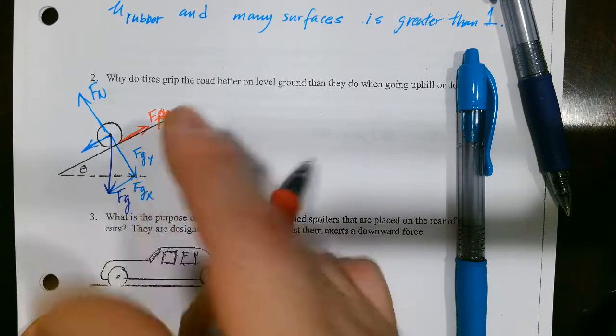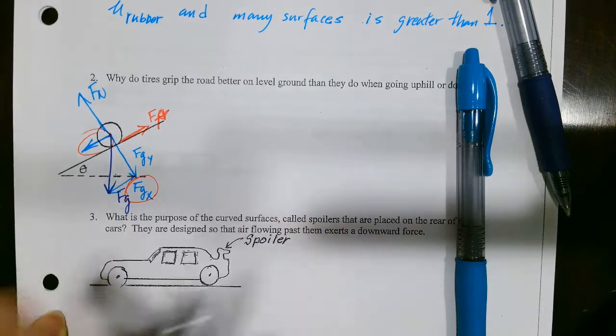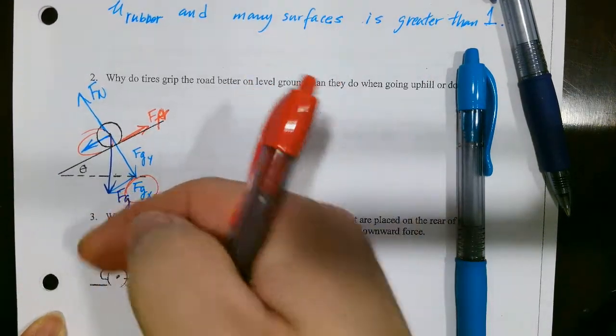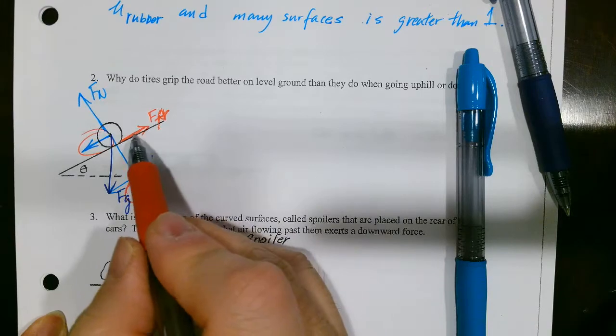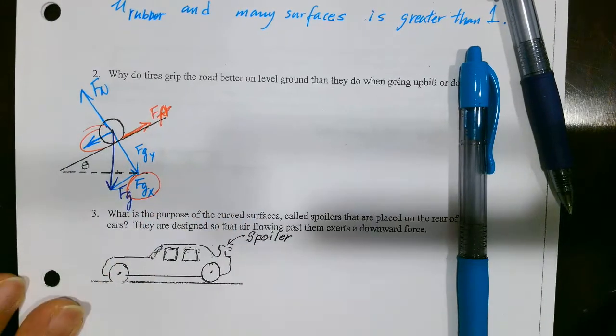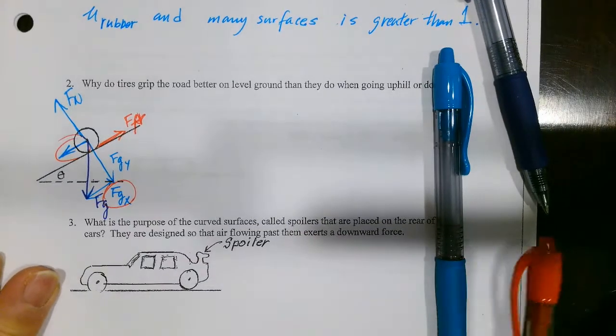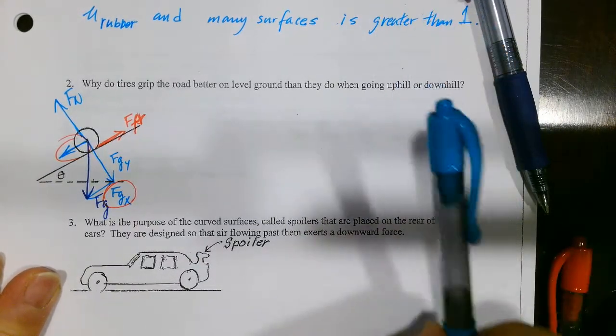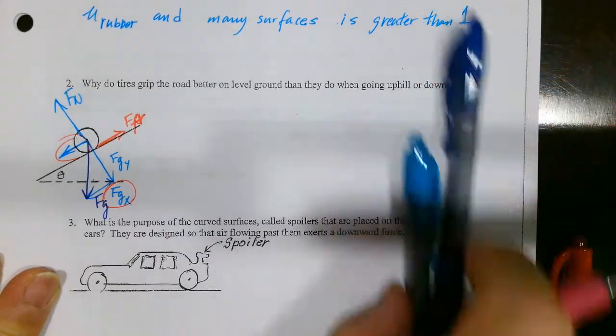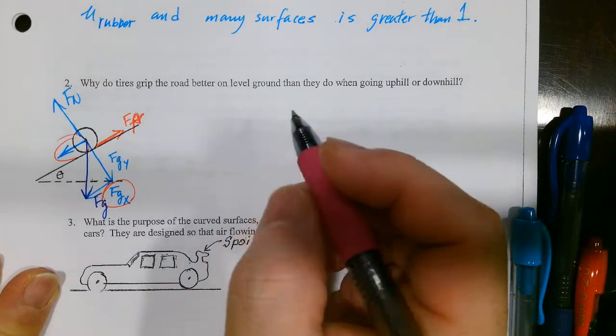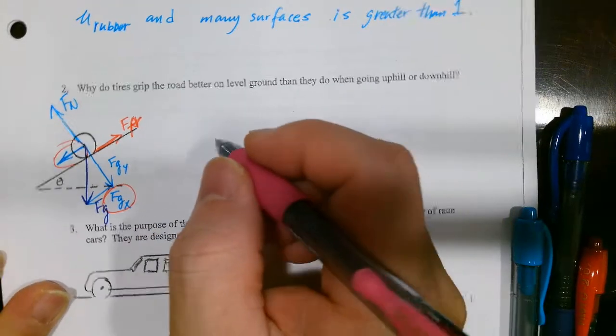And not only that, this FGX means you are going to need more friction to grab the road. So two things are happening simultaneously that prevent you from gripping the road better.